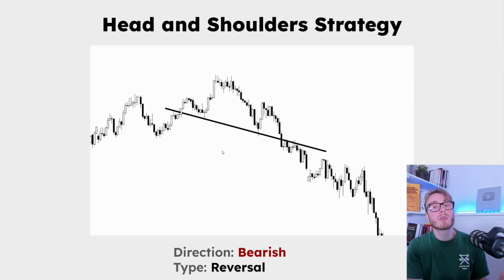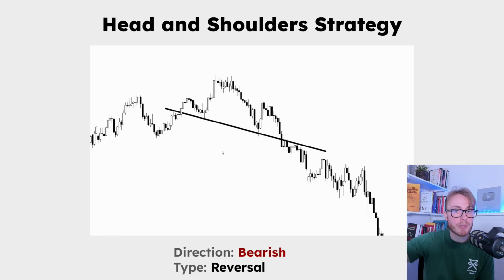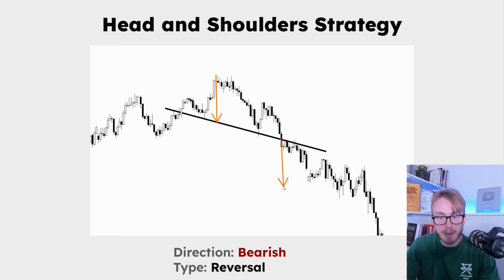So it is important to notice here that compared to the previous patterns we have been talking about, the head and shoulders pattern is a very large pattern. So it will take a long time to play out and you will need patience trading head and shoulders. Another way to take targets for this pattern is to measure from the head down to the neckline. And then you take this exact measurement and measure from the breakout.